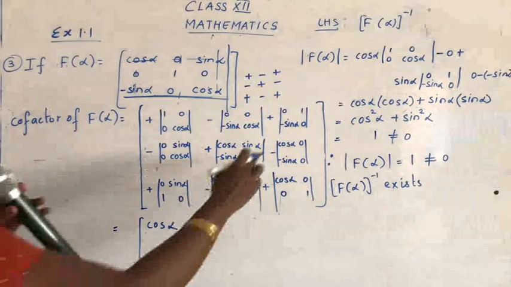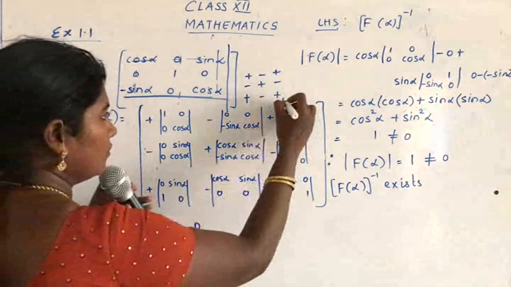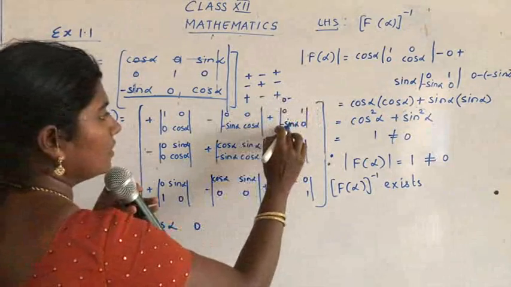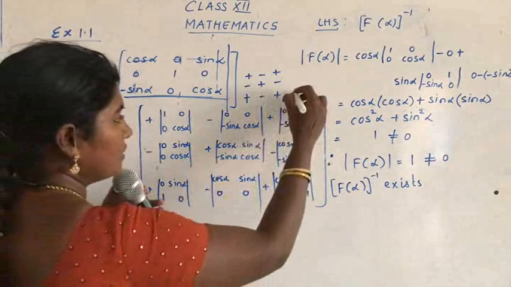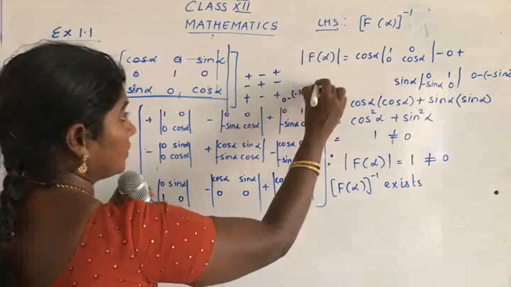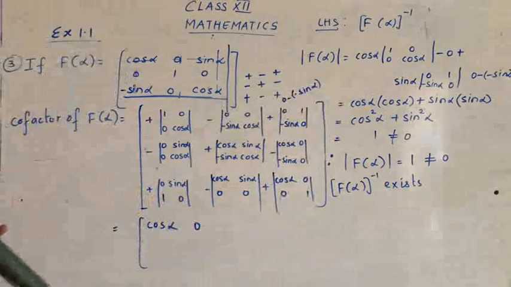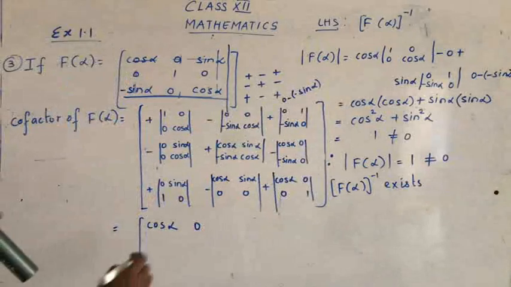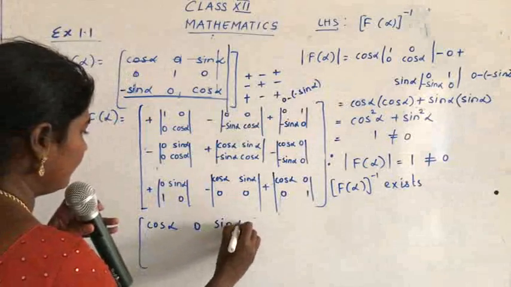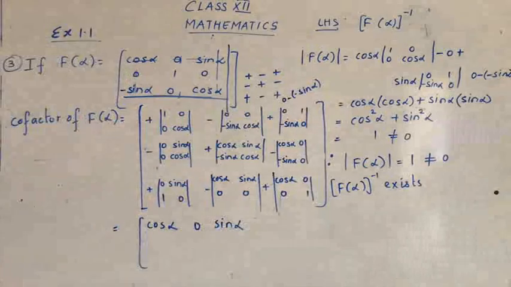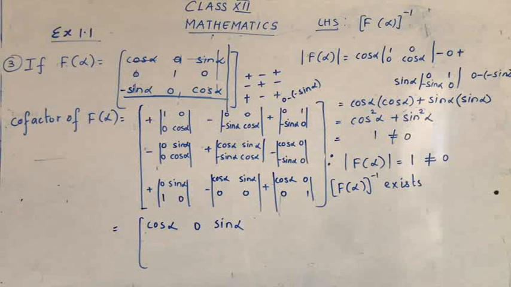Next, it's 0 into 0 is 0 minus of minus sin alpha into 1. So it's minus sin alpha. 0 minus of minus sin alpha becomes sin alpha. So what is our first row? Cos alpha, 0, sin alpha.